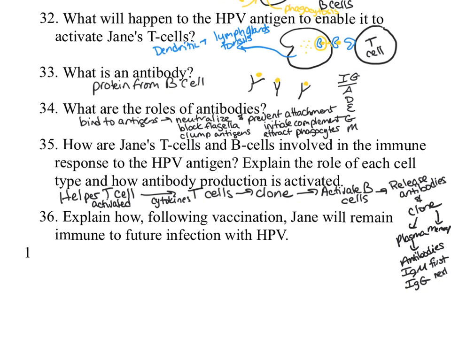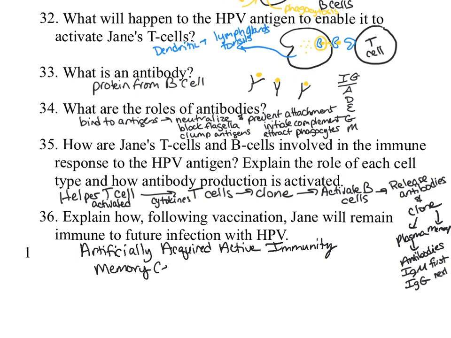Following vaccination, Jane will have artificially acquired active immunity. During the immune response, memory cells are produced. Memory cells include helper T cells, cytotoxic T cells, and B cells. These cells remain in the body.